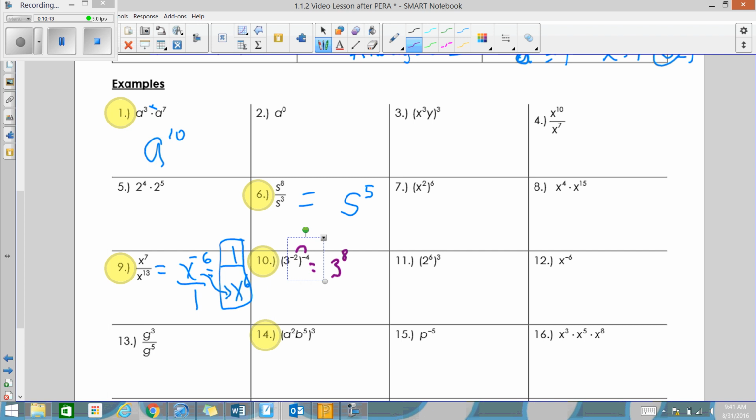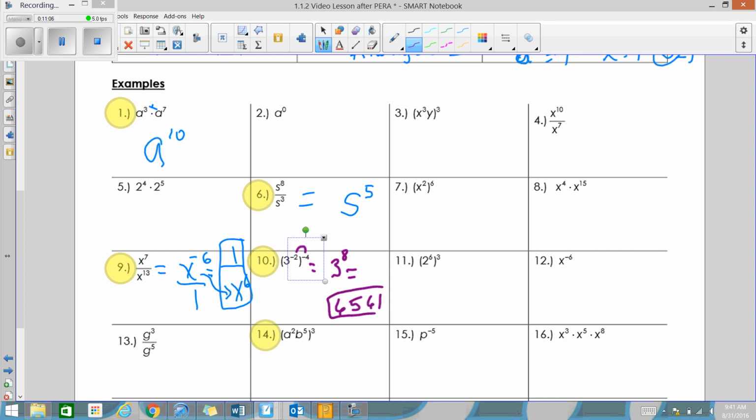Now, unlike the last problems where you had variables as your base, our base is a number. So since we have 3 to the 8th power, that is correct, but you always want to simplify. You always want to know what that value is. So we put 3 to the 8th in the calculator, and you should get 6,561.